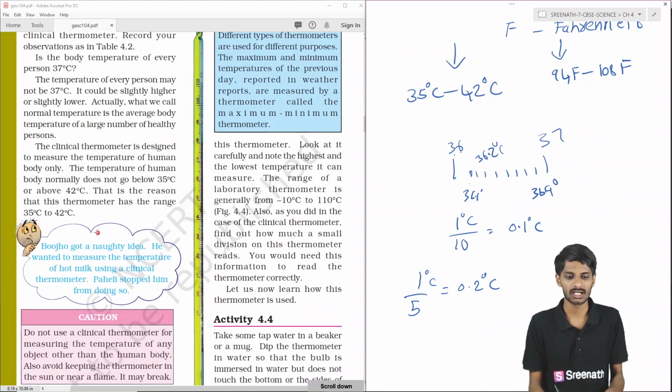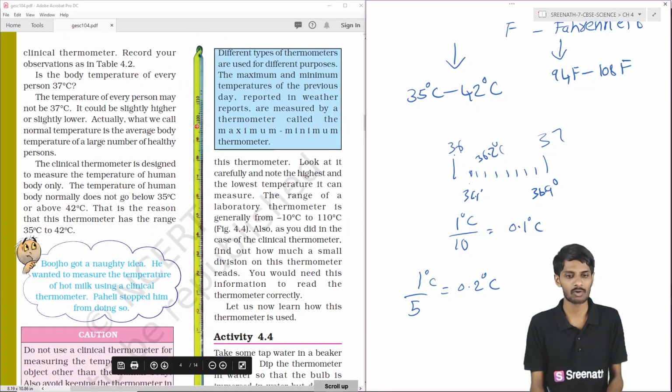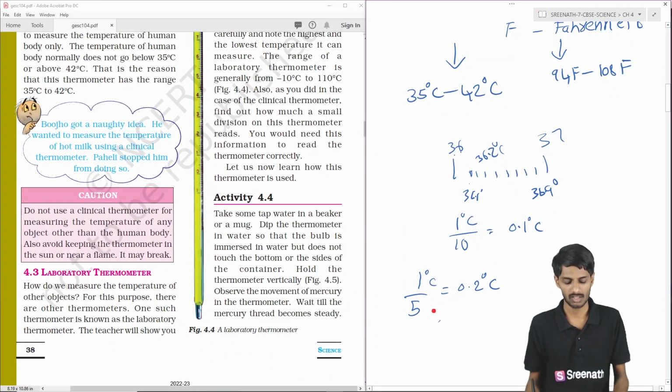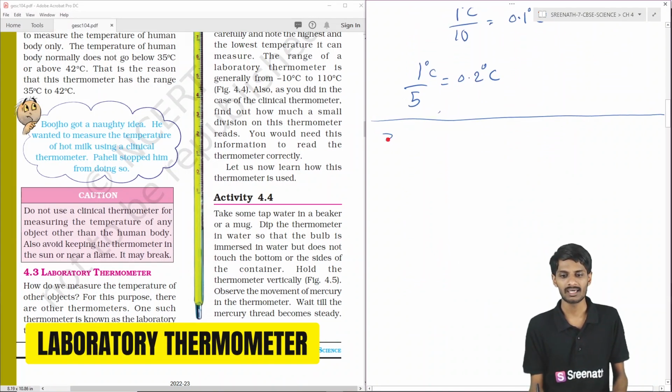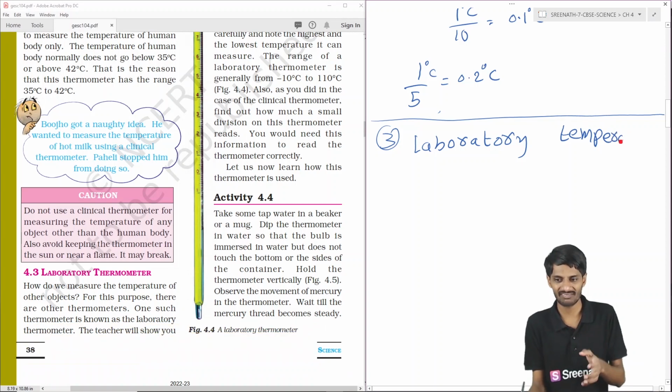Next is the laboratory thermometer, students. It is like this. Now we'll discuss the laboratory thermometer. It is also a thermometer used for measuring temperature, but it is for laboratory purposes. Its purpose is different.